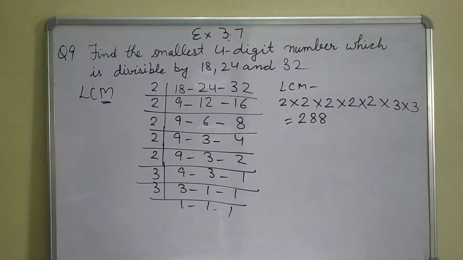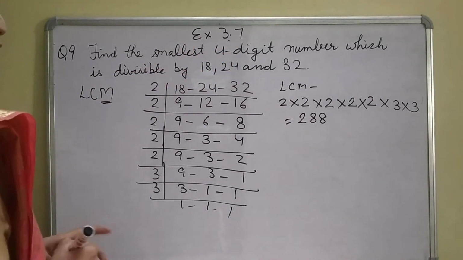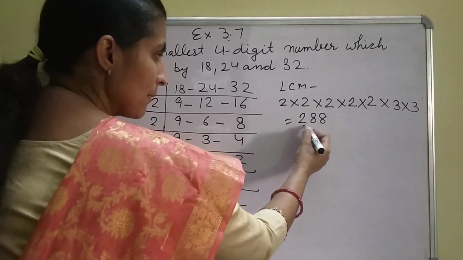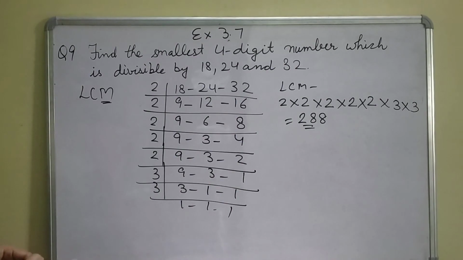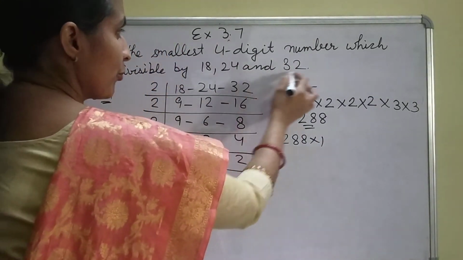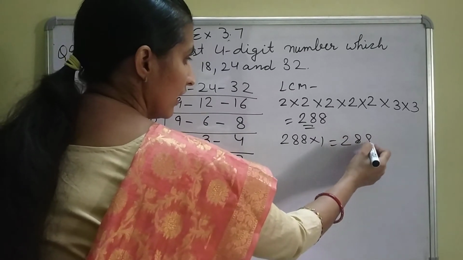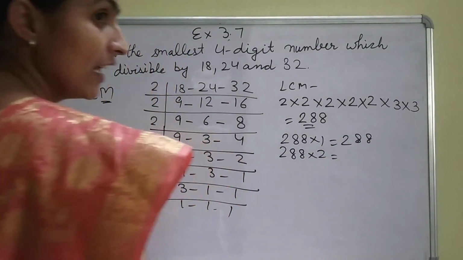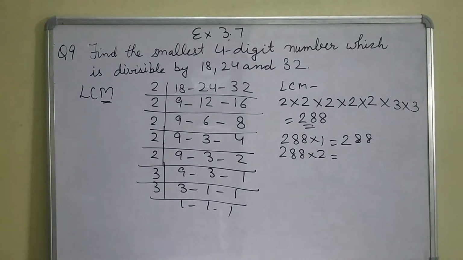So this is the first multiple, but we have to find the smallest 4-digit number. All the further multiples are multiples of this. So this is the first multiple for these three. Then we'll multiply this by 2, then by 3, then by 4.